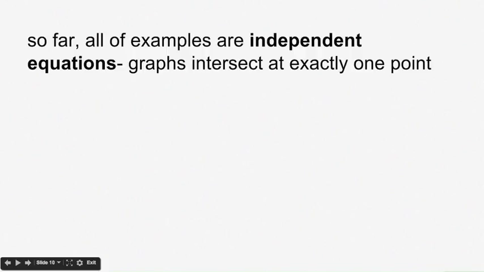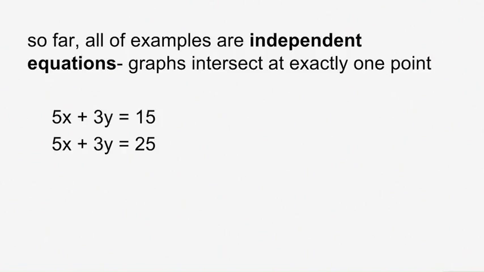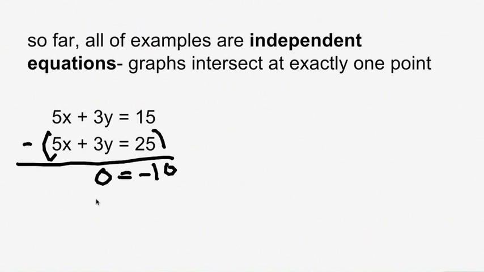So far, all of the examples of our linear systems have been independent equations, which are where the graphs intersect at exactly one point. But if you consider the system of equations 5x + 3y = 15 and 5x + 3y = 25, if you subtract the second equation, you get 0 = -10, which is not true.